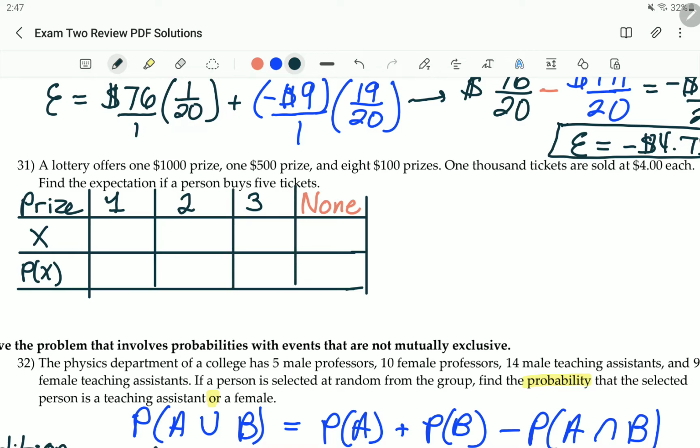Now, remember this. It says that 1,000 tickets are sold at $4 each. You're paying $4 per ticket. Put yourself in the scenario. Let's say you spent $4, right? And your ticket was the ticket that gave you the $1,000 prize.